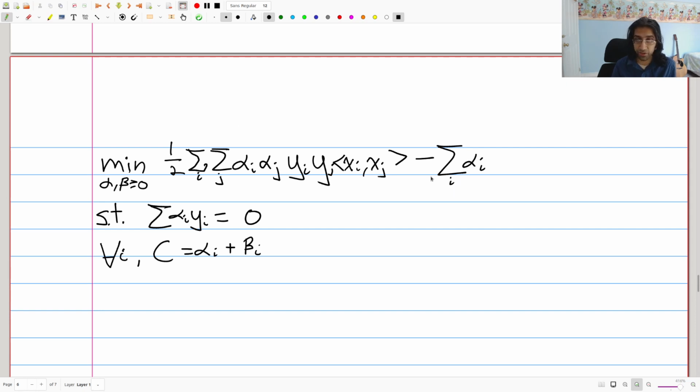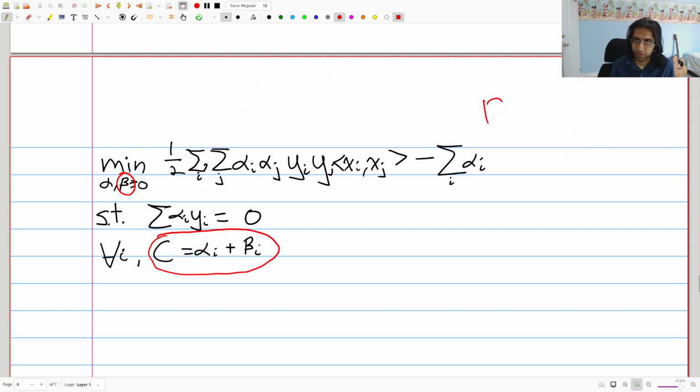The only difference is that we have this beta greater than 0 here, this new beta, which is weird because this beta doesn't actually appear anywhere in this objective function. But it implicitly appears here in terms of its relationship to alpha, and alphas do appear here.